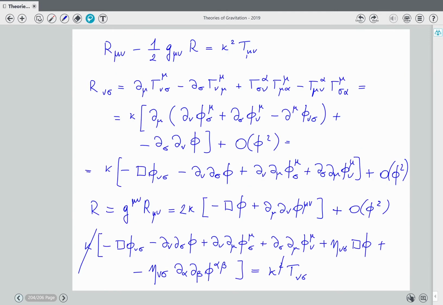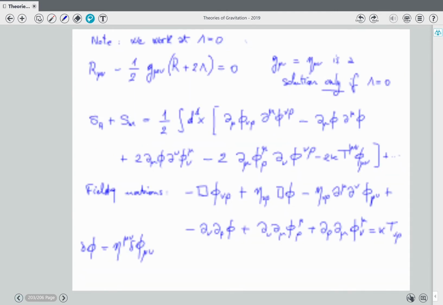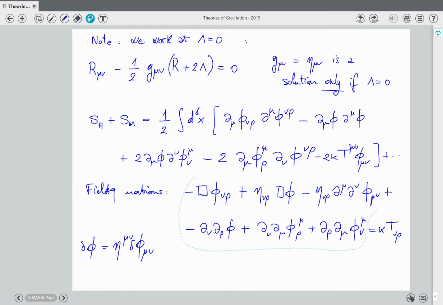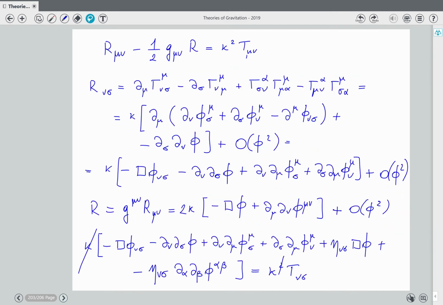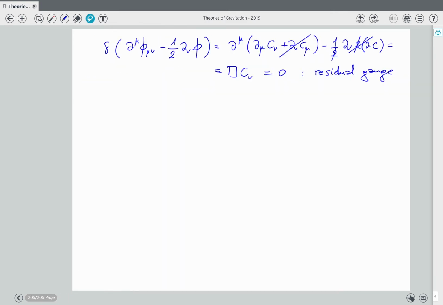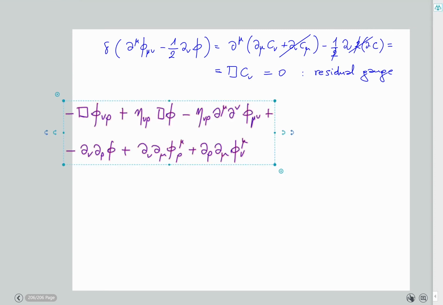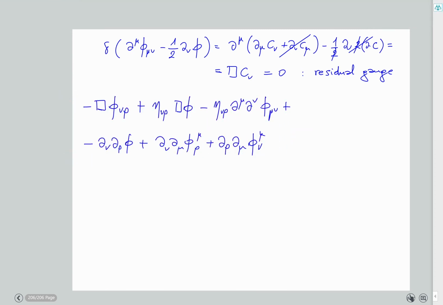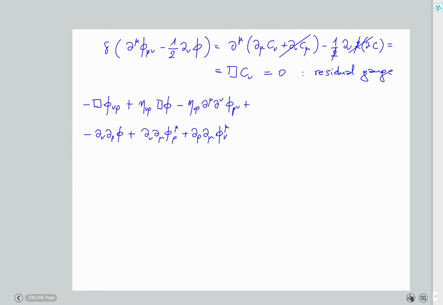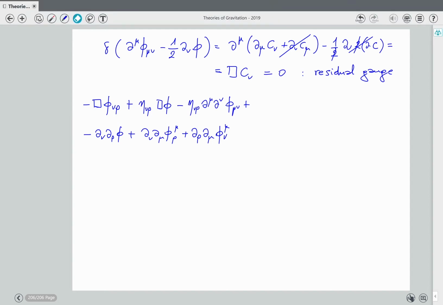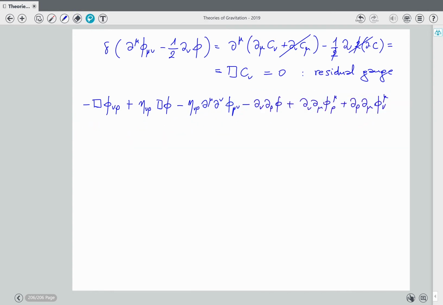So what we do now is to study the vacuum field equations to the lowest order together with the gauge fixing.